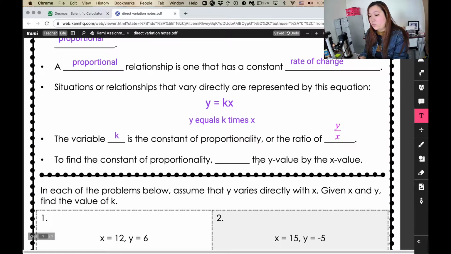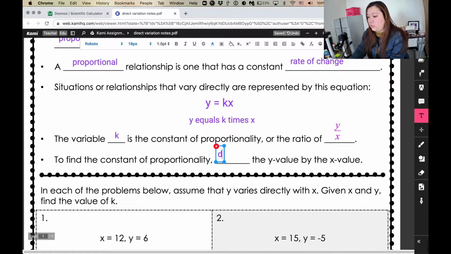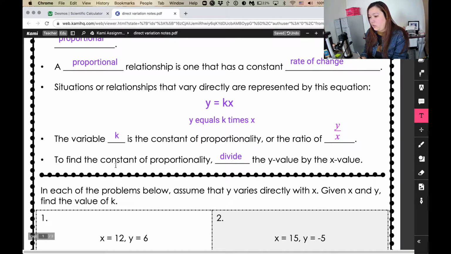And that's very fancy words. K is our rate of change. Like, like the $10 per hour, that's K. To find the constant of proportionality, we divide the y value by the x value. So that's right here with the y over x, that's division. So to find K, we take y and we divide it by x.